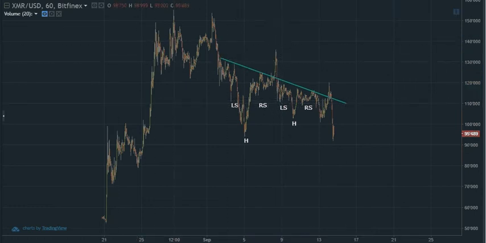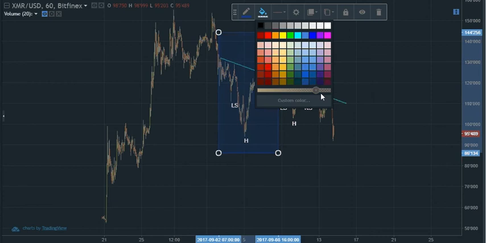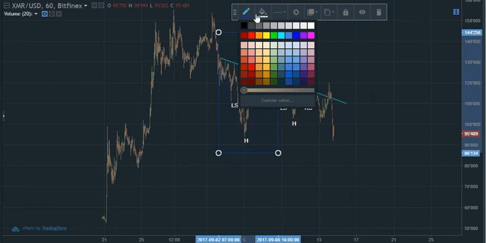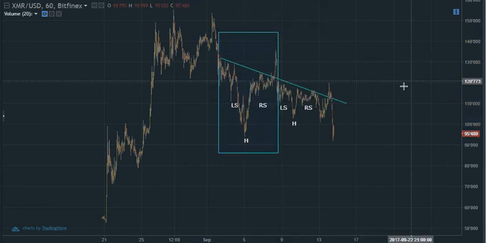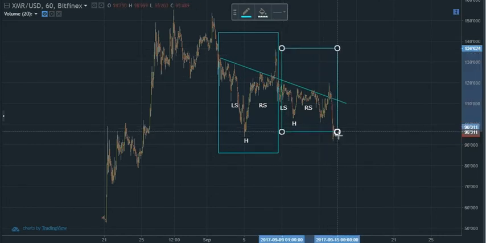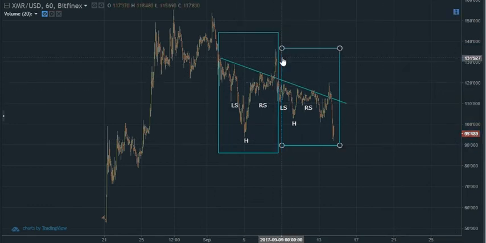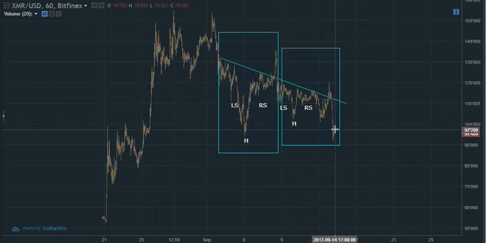Consider this as a fractal, and this as another fractal. How it spiked up, came back down, head and shoulders, just like here, spiked up and faked everybody out.